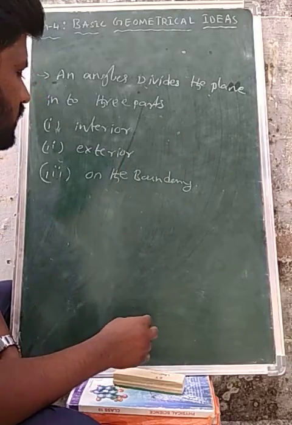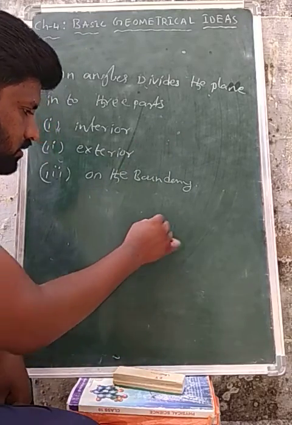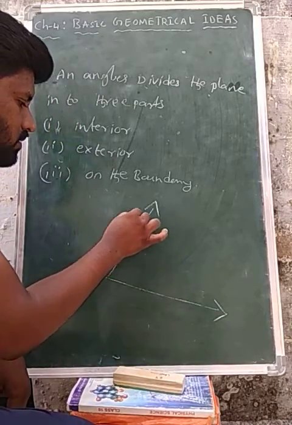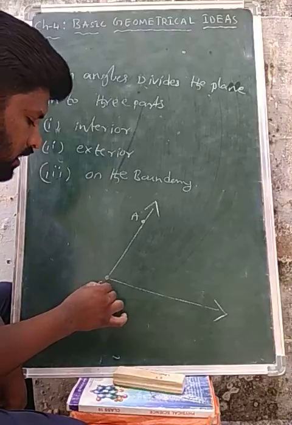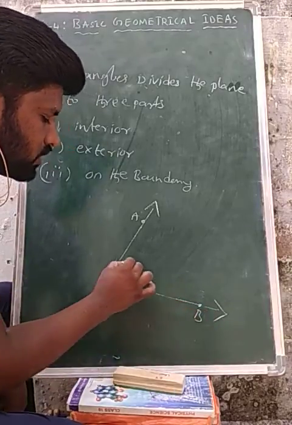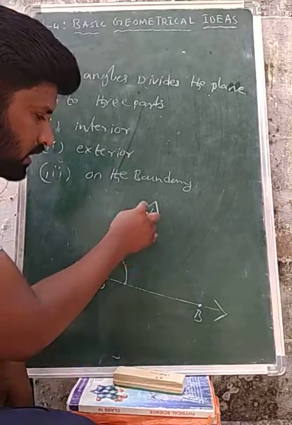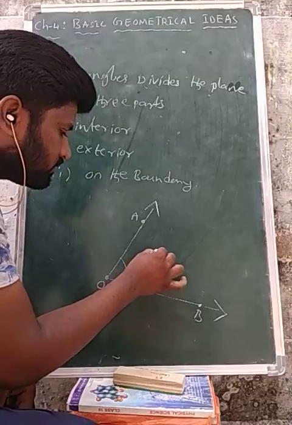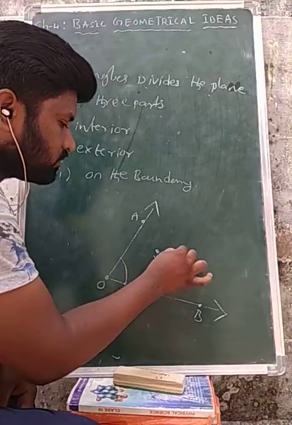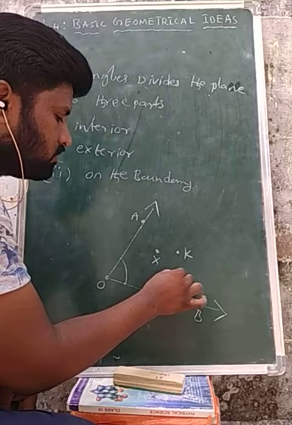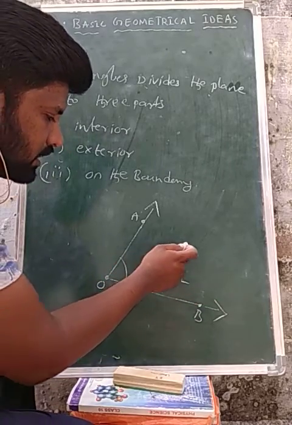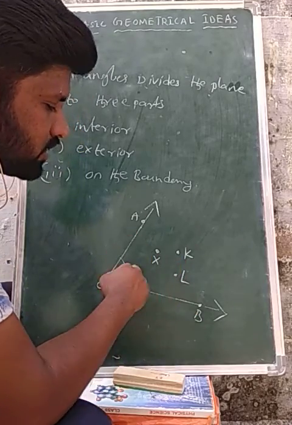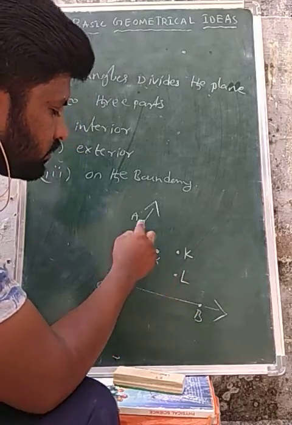Okay, so I just want to draw an angle here. This is angle AOB. I'm going to write some points here. X, K, L, these are the points interior of angle AOB, inside of angle AOB.